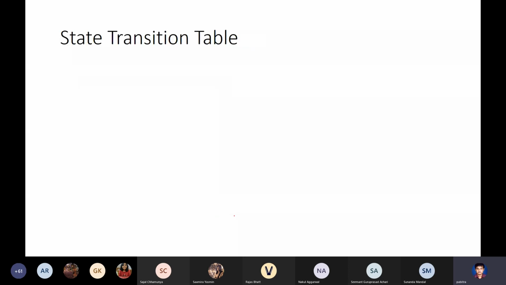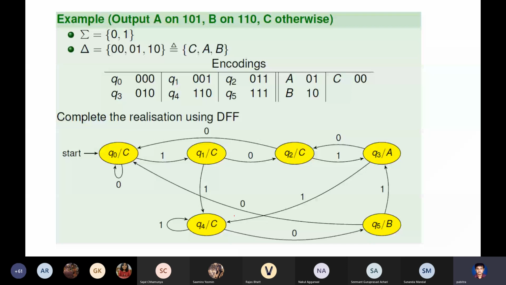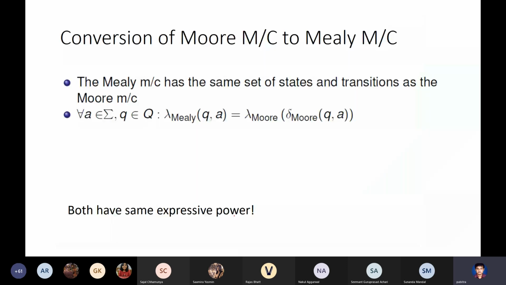What you should do is, since you are converting a Moore machine to a Mealy machine, let's say lambda is the output function for the Moore machine and delta is the transition function for the Moore machine.